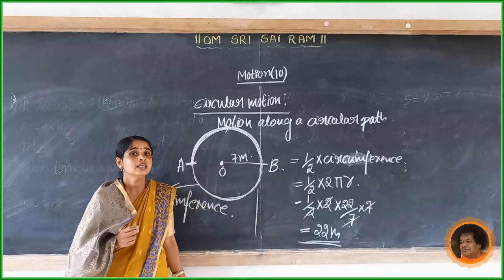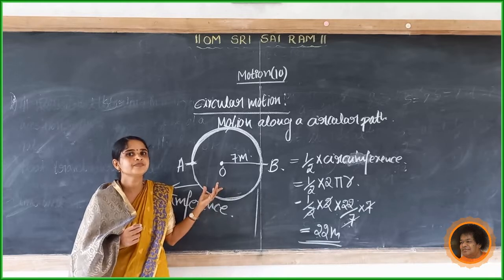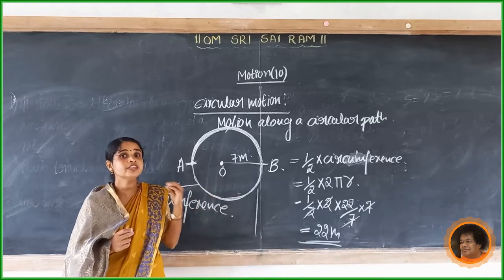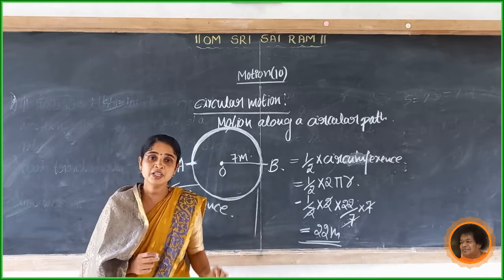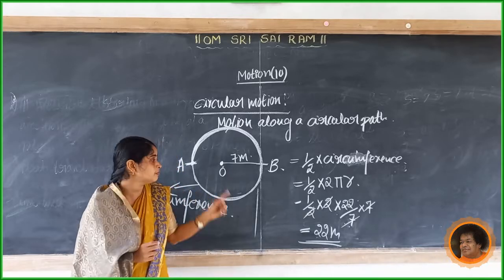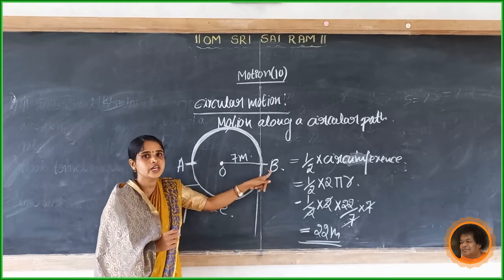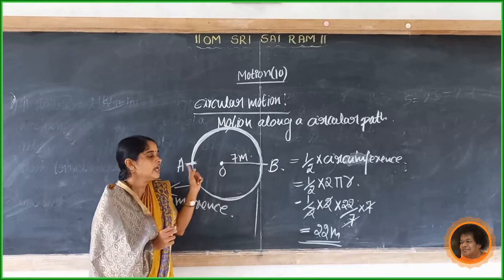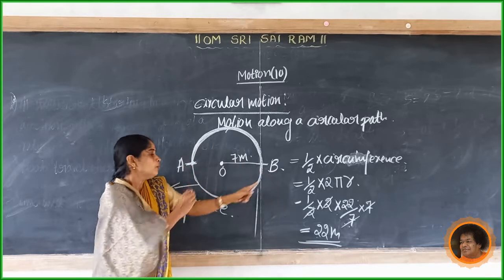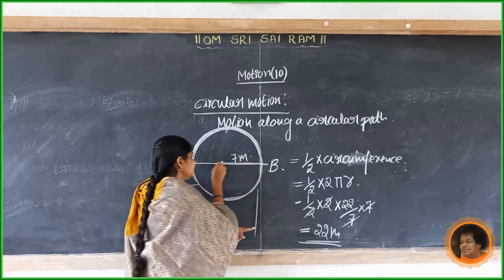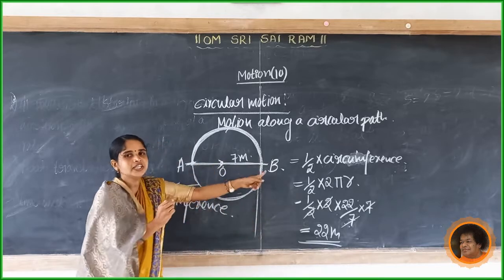Then what is the displacement in this case? What is the definition of displacement? Displacement is the shortest distance between initial and final position. Initial position is A and final position is B. What is the value of the shortest distance here?